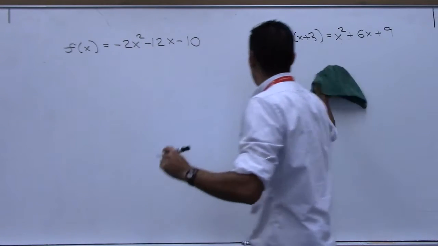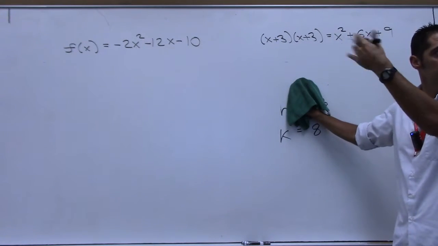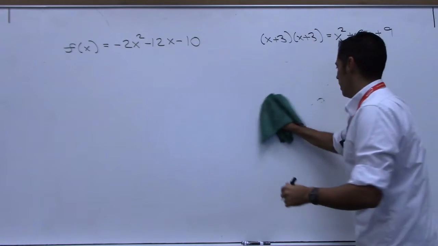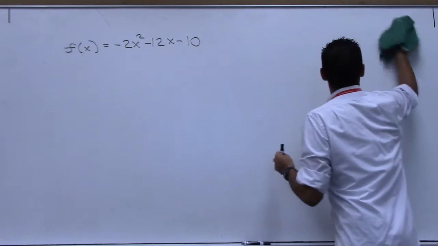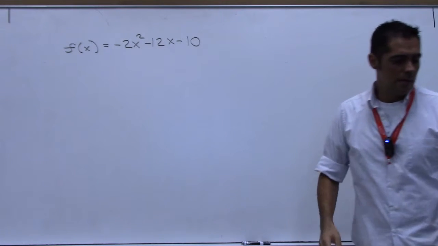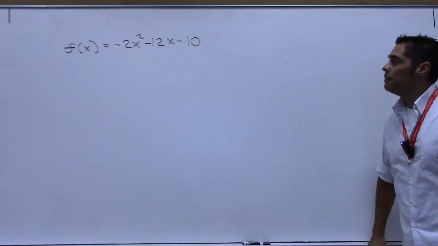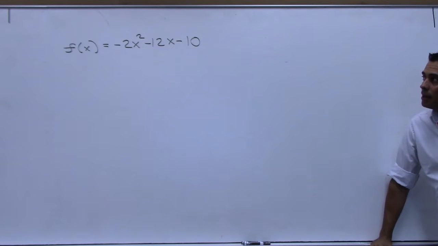We know what the answer is supposed to be, right? At the end, it should be -2 and then parentheses, x plus 3. Well, factoring it, if it factors, does that factor?